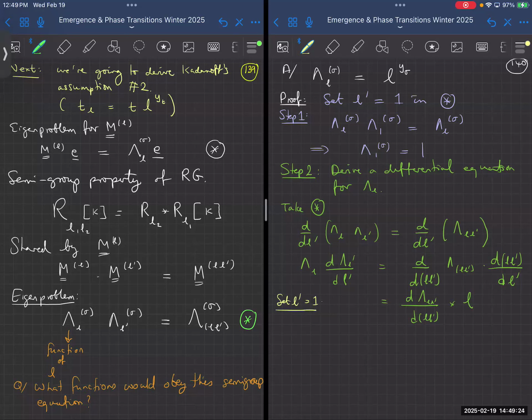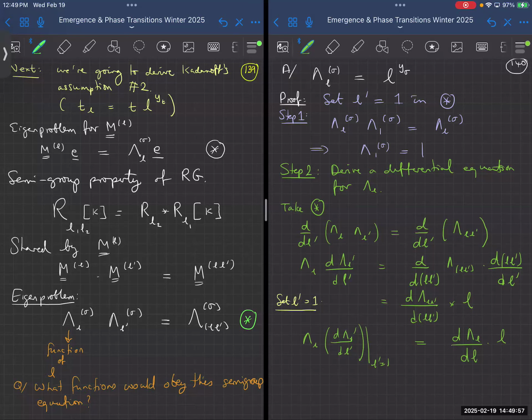So now what I will get is lambda L times d lambda of L prime by d L prime evaluated at L prime equals 1. And then that equals, well, if L prime is equal to 1, then this is d lambda of L by d L, and then it's multiplied by L.